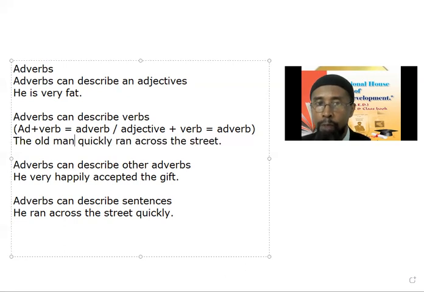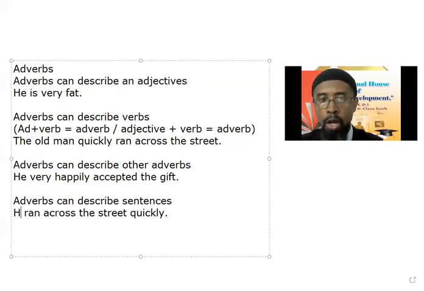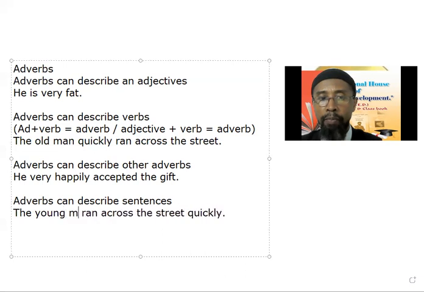I'm modifying the verb only, not the whole sentence, because it's not a natural attribute of the old man. It wouldn't be natural for me to say the old man ran across the street quickly. It's something that happened at a particular time for a certain reason. It would be more normal for me to say the young man.